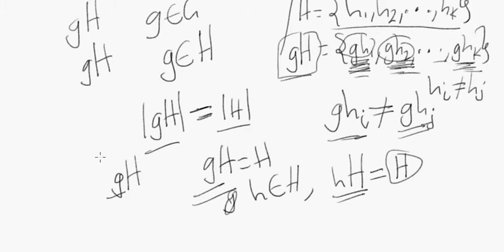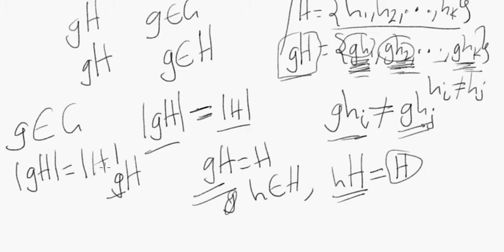But a natural question is, what if g is just an element of G, not necessarily an element of H? Is it also true that the cardinality of gH equals the cardinality of H? Is this true?